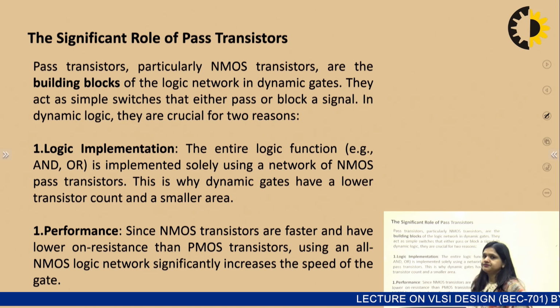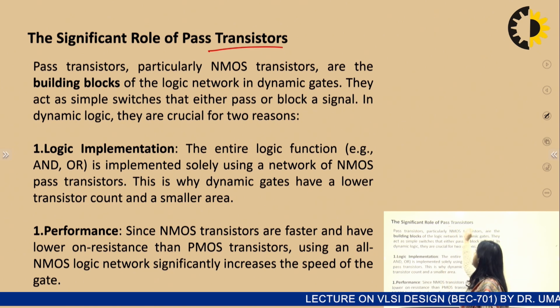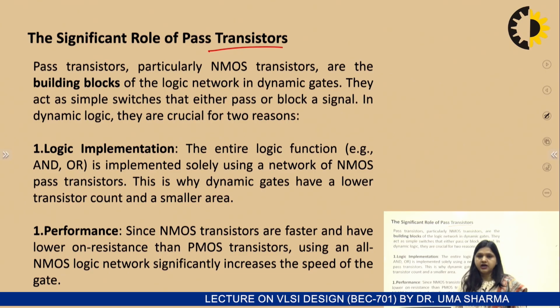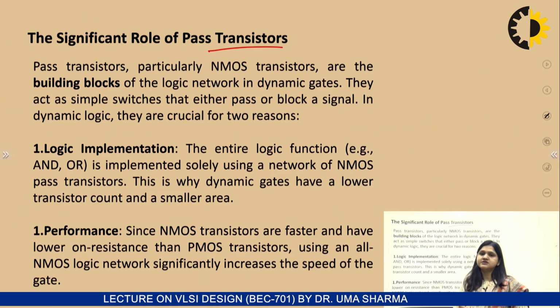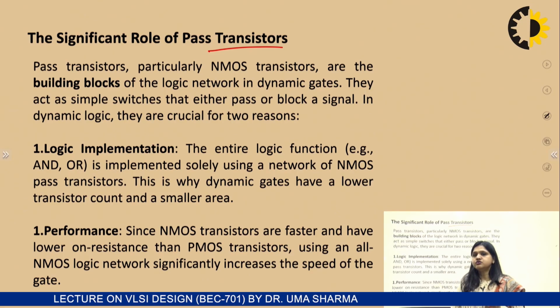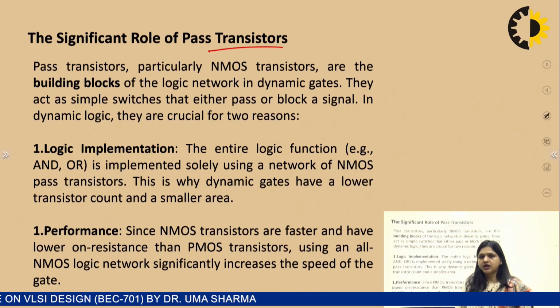So this is another important topic of this dynamic logic style, which is known as pass transistor. In the previous slide, we have seen that by using pass transistors, we can implement PDN or PUN. If we use an NMOS pass transistor, then PDN can be implemented. If we use a PMOS pass transistor, then PUN can be implemented.